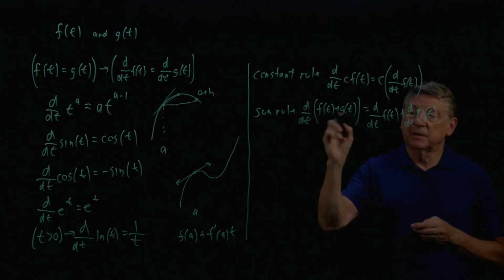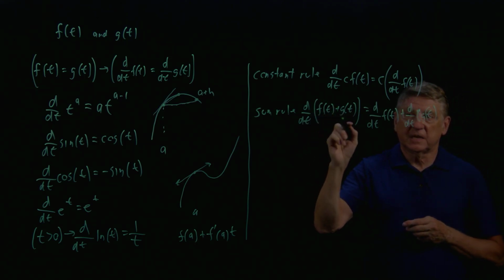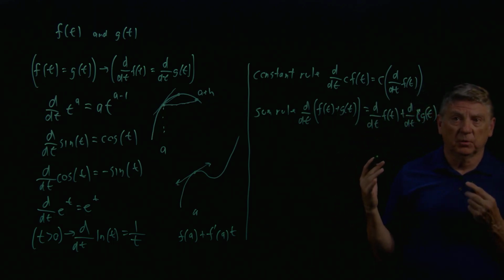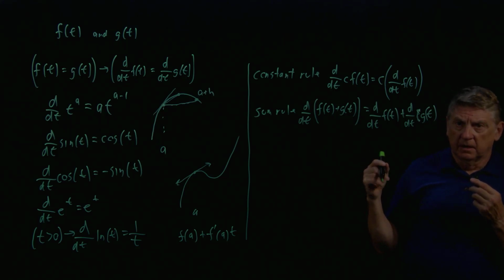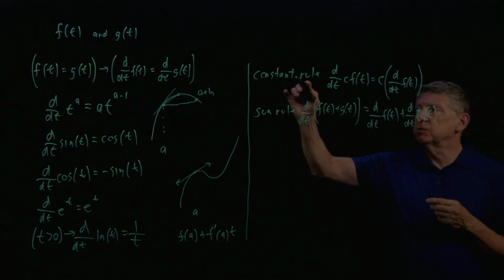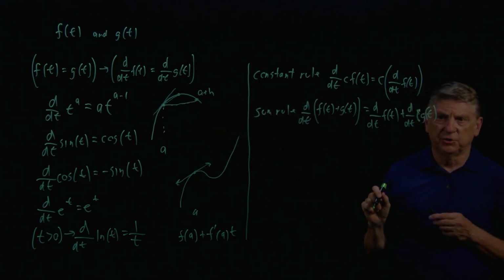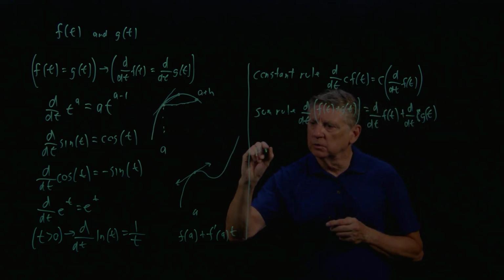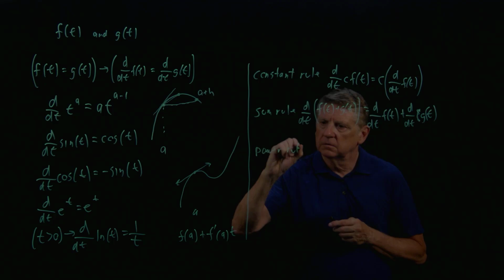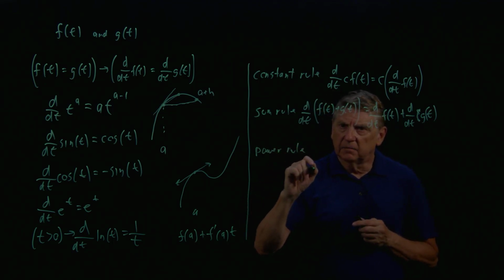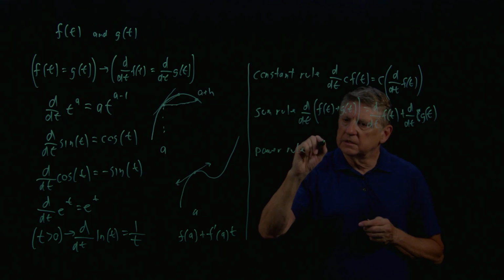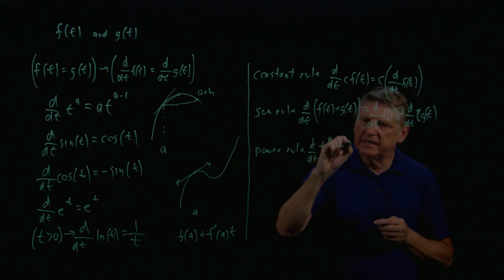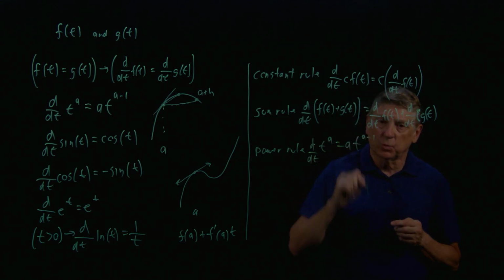So if we have a sum of functions, the derivative of the sum is the sum of the derivatives, which is a great simple way to remember what the sum rule is. The power rule is the constant rule applied to this. So the power rule is that the derivative of t to the a equals a times t to the a minus 1.